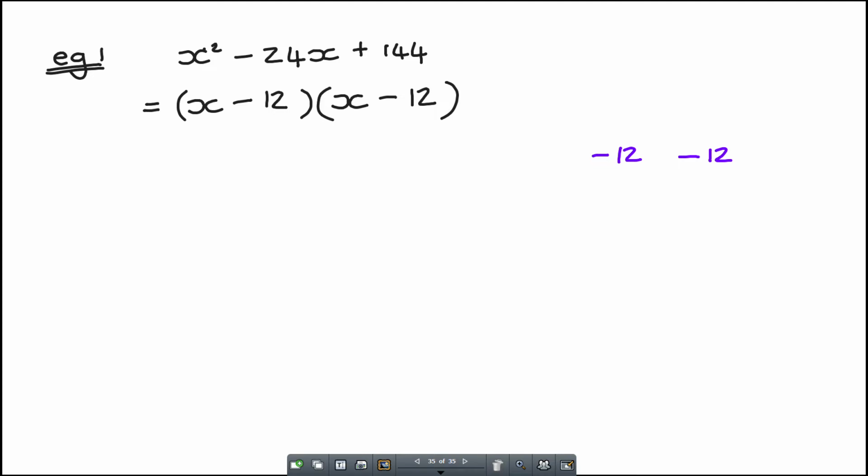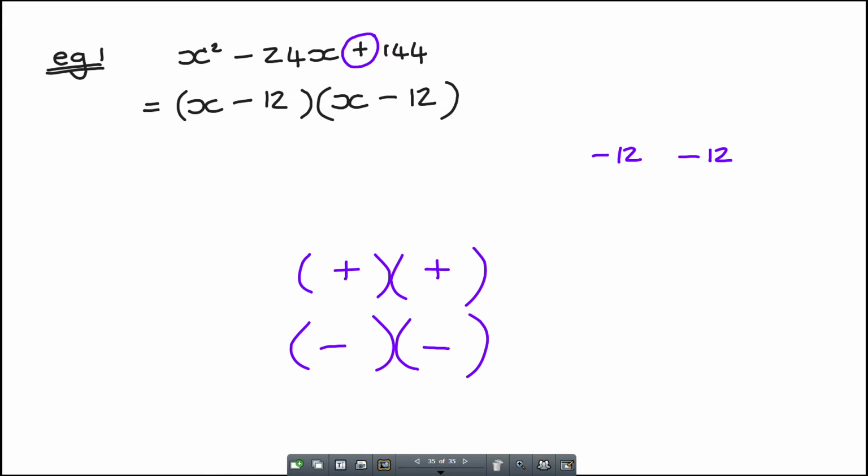How did I know? Okay. This negative and that negative. Because this was a plus, no? I knew that I would have either both of them positive or both of them negative. But then I also looked at this sign.